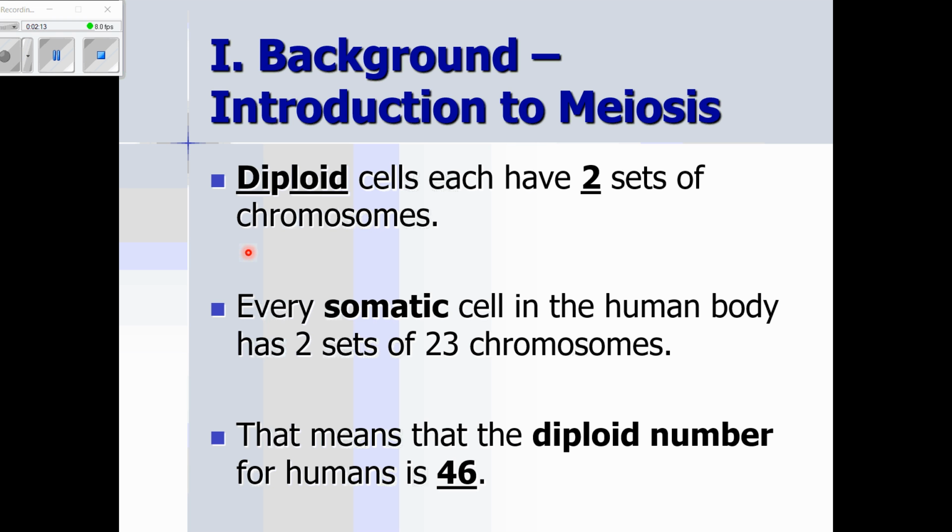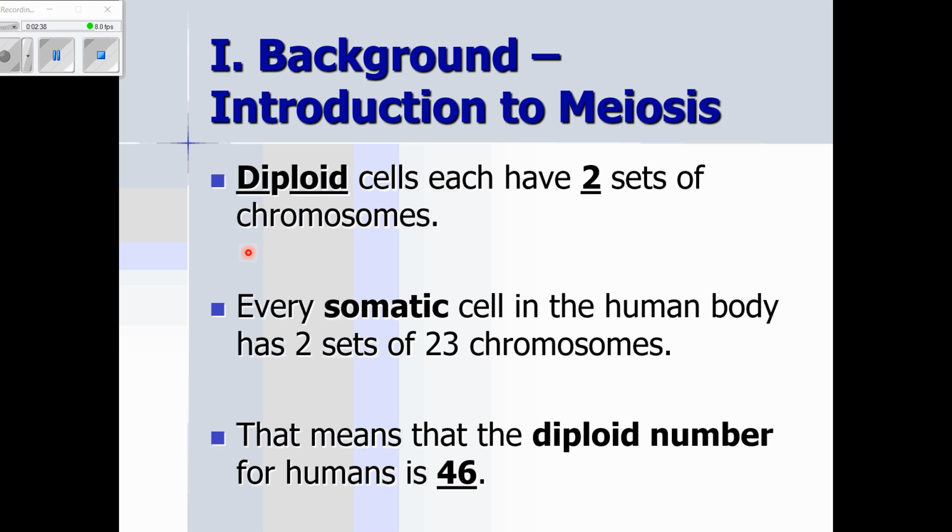The diploid number for chimpanzees, for example, is 48. The diploid number for dogs is 78. And your Thanksgiving turkey has a diploid number of 80. That means every body cell, every somatic cell within that turkey has 80 chromosomes.